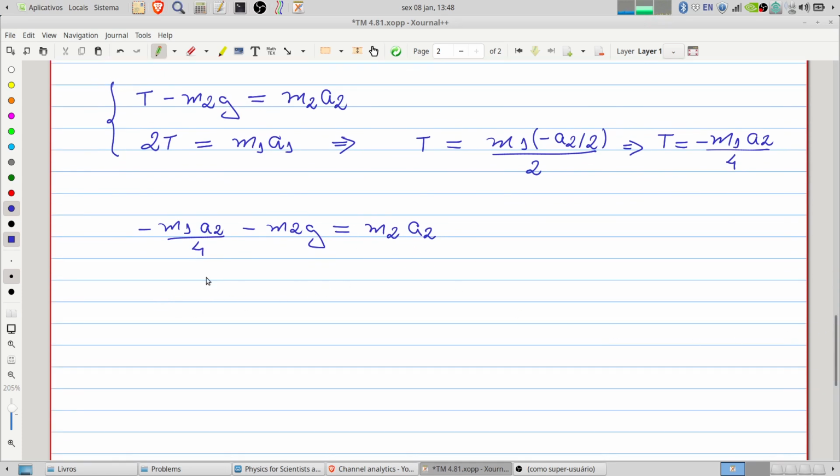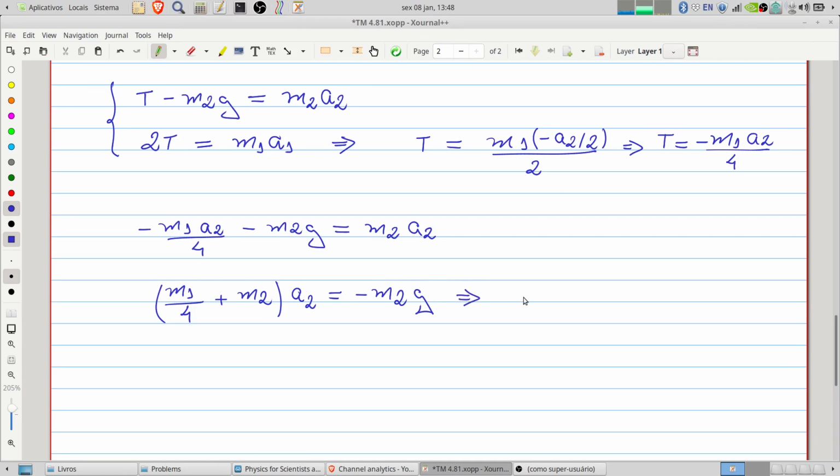Therefore, we can write that m1 divided by 4 plus m2, multiplied by a2, equals minus m2 times g.